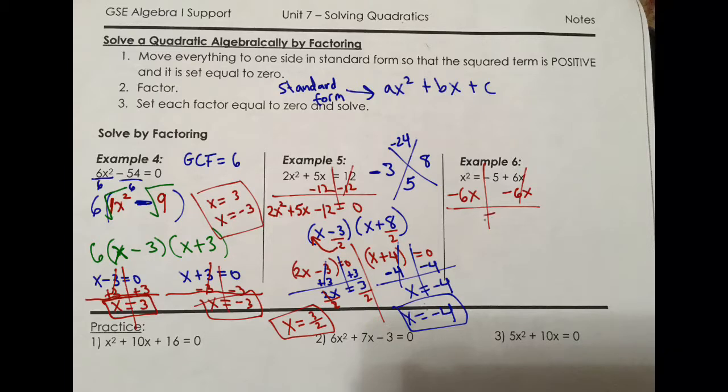And that leaves us with, remember to keep it in standard form: your square term first, then the term with the x on it, then the number. So it is x squared minus 6x. This canceled, so we have is equal to negative 5. We need that negative 5 off of there, so we'll add 5.